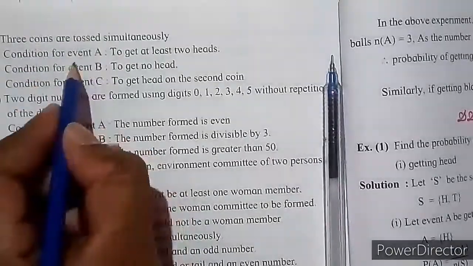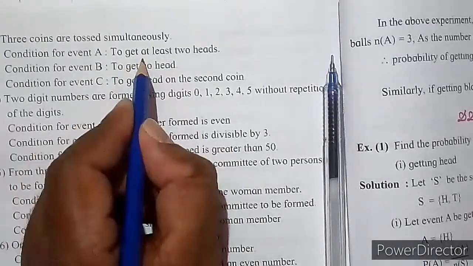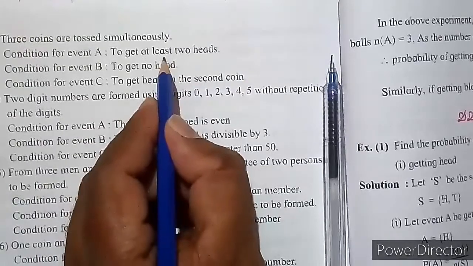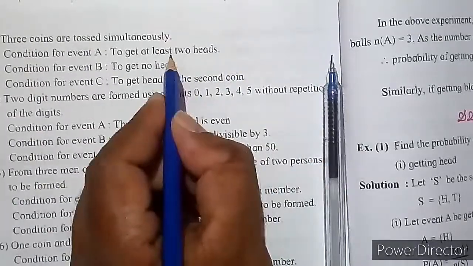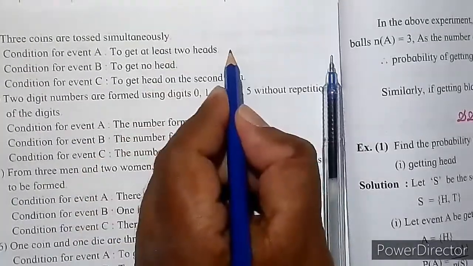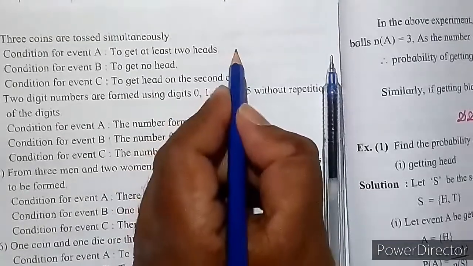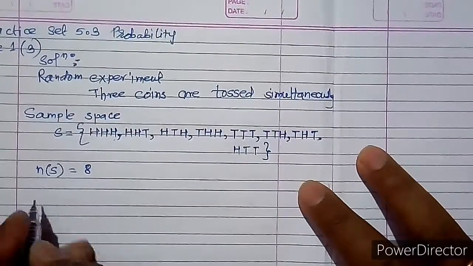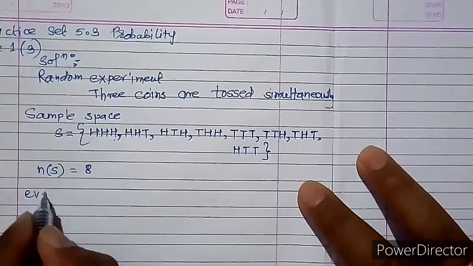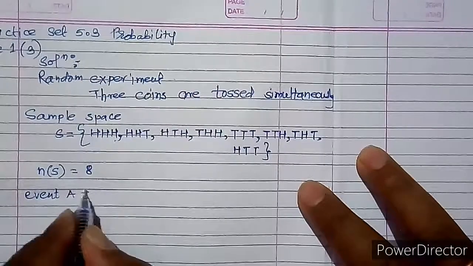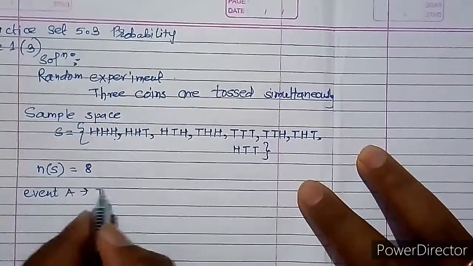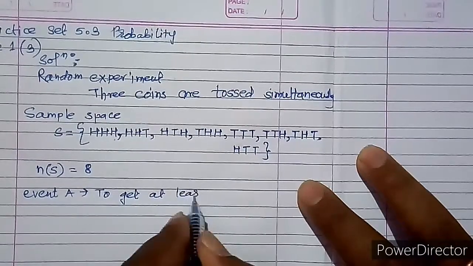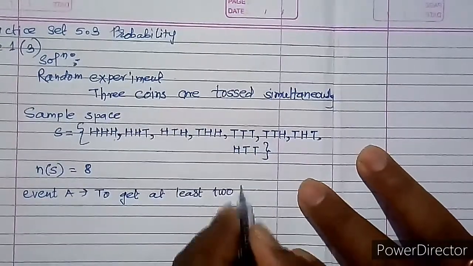Here the condition of event A is given: to get at least two heads. The meaning of at least two heads is two or more than two heads. Then we have to write down event A, which is to get at least two heads.